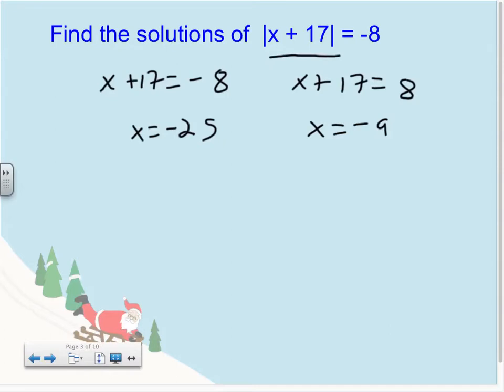They both get us 8, but the absolute value of 8 is not equal to negative 8. And maybe if you're pretty astute, you noticed that here we have an absolute value set equal to a negative number. And we know that every absolute value will always yield a positive result. So if we get a negative, that means that there are no solutions to this. So you can say no solution, or you can just give the null set, which will work just fine.